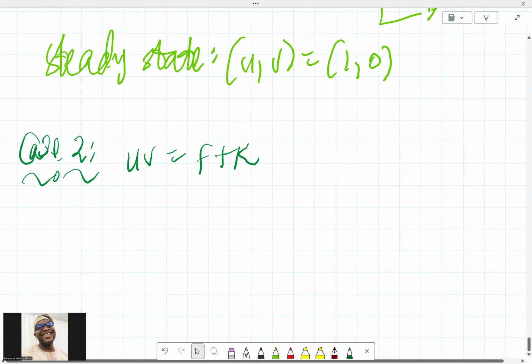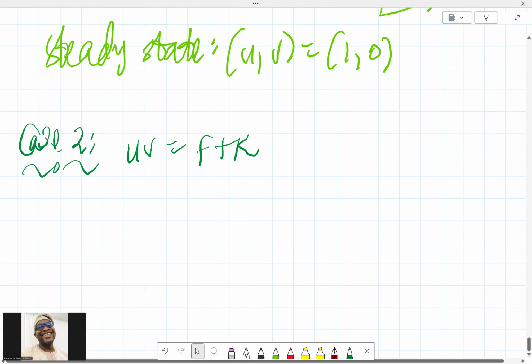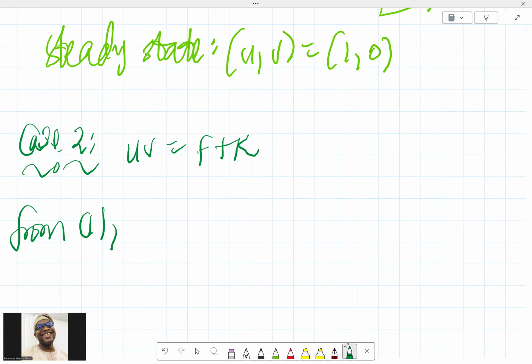So we can put that in the first equation again. From equation 1, we have minus uv squared plus f into 1 minus u equals 0.